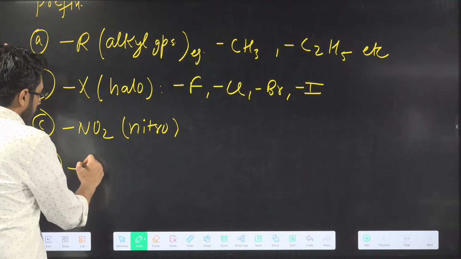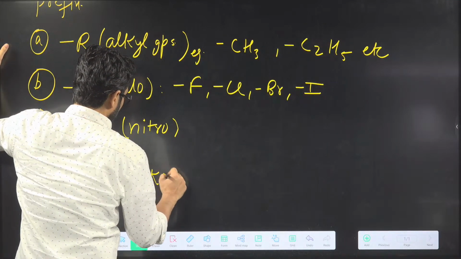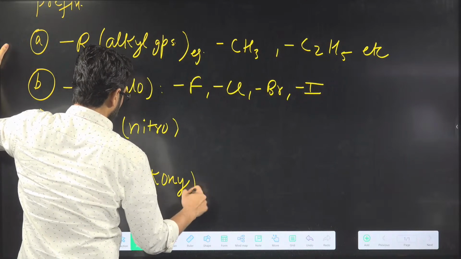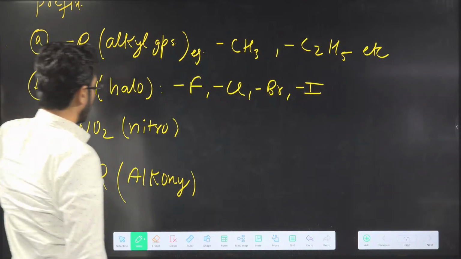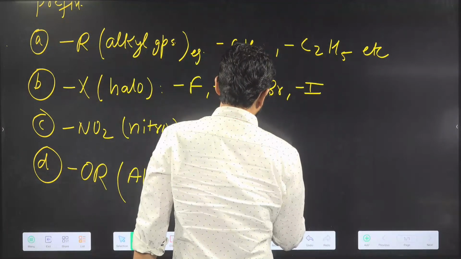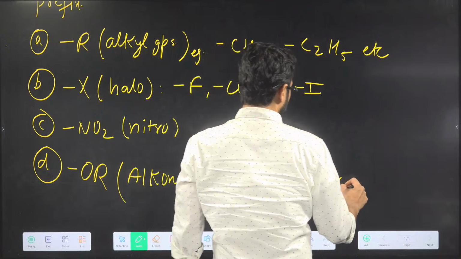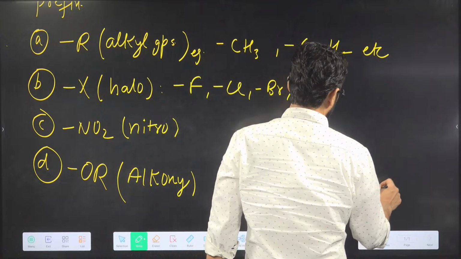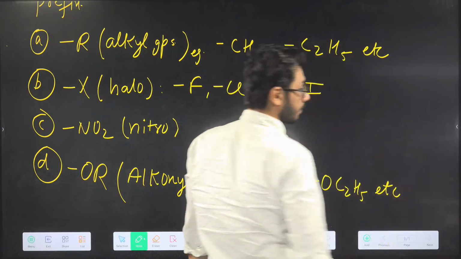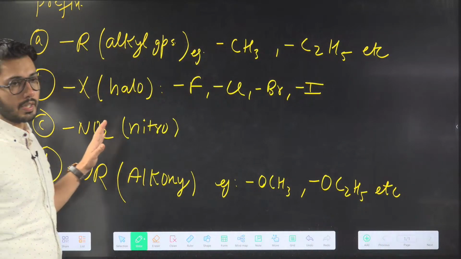Fourth one is the alkoxy group, which means OCH3, or it can be OC2H5, etc. These are mainly used in the examples.